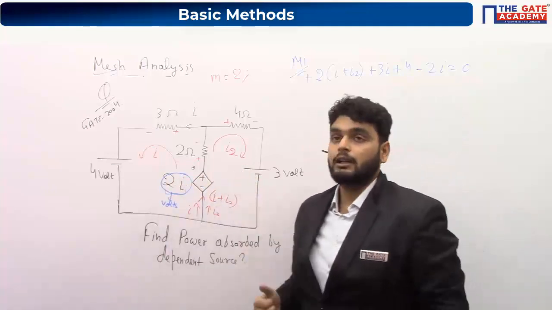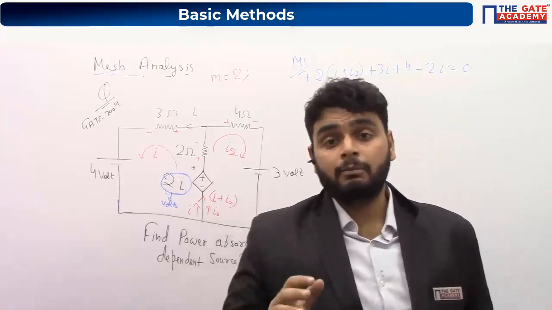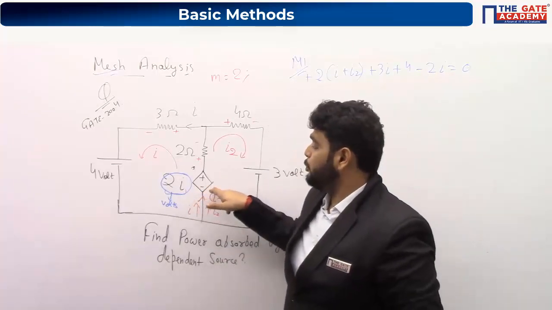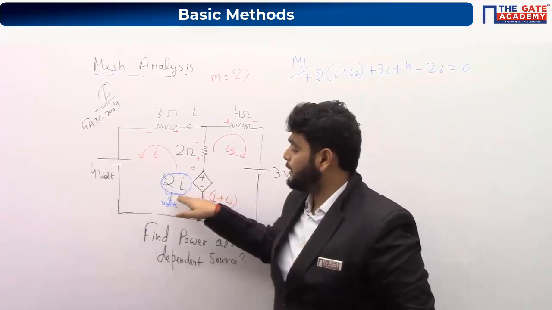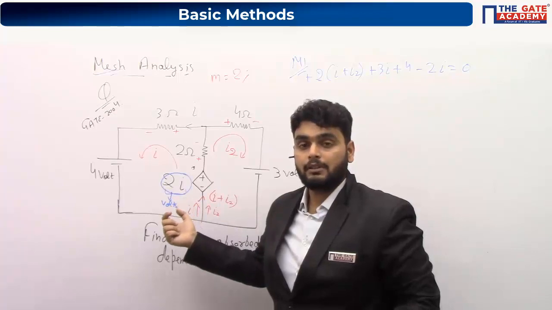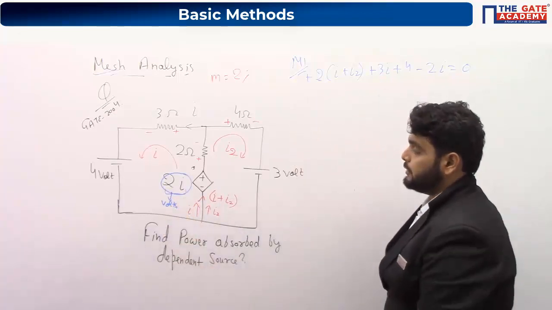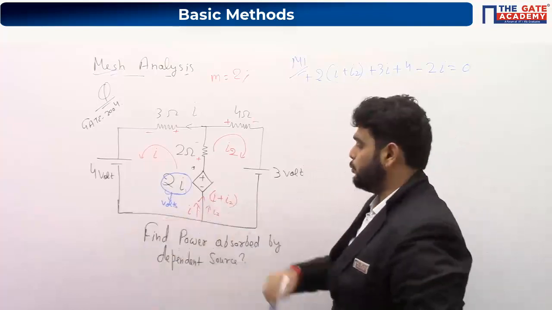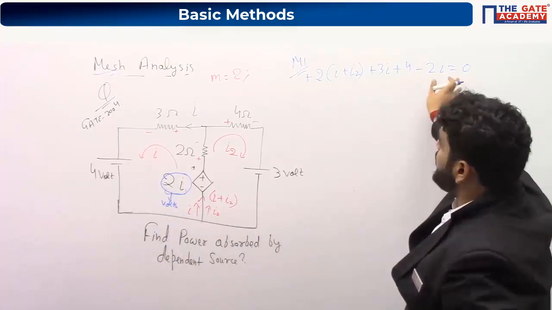Many students make this mistake. So carefully see this: the magnitude of a voltage source is in volts. Okay, remember this point. Minus 2I equal to 0.